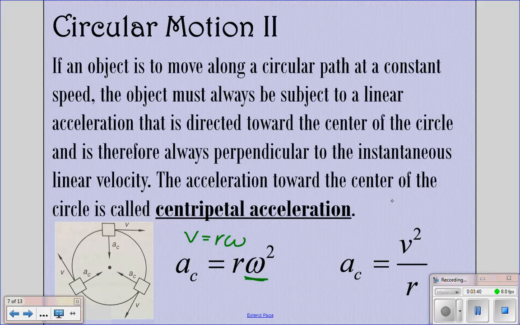Then we have r squared omega squared over r, and r squared over r reduces to r, so we have r omega squared. That's how you can change this formula into the one on the left. Those are the two forms for your centripetal acceleration.